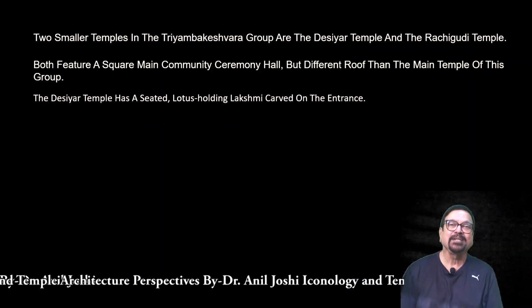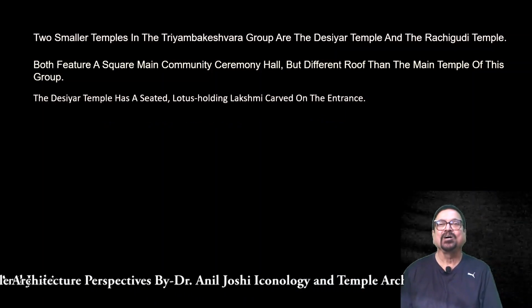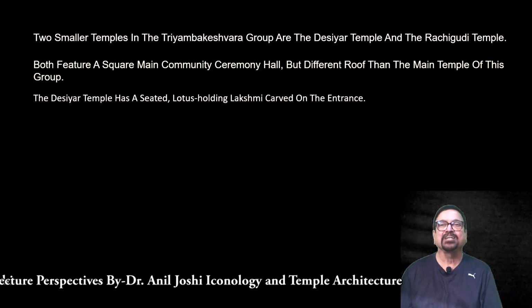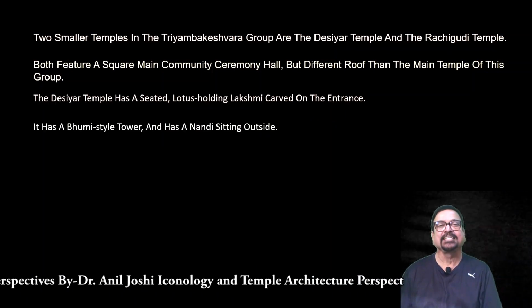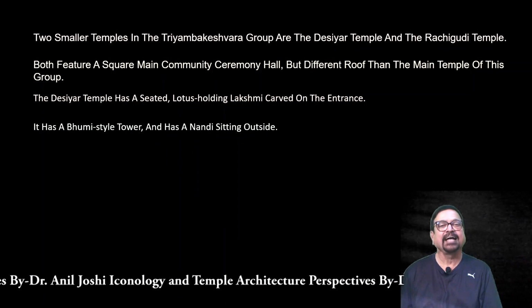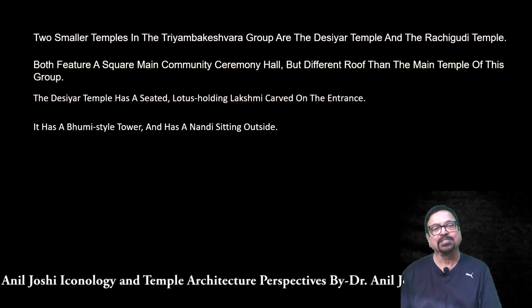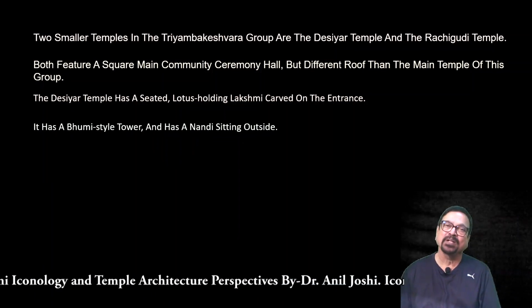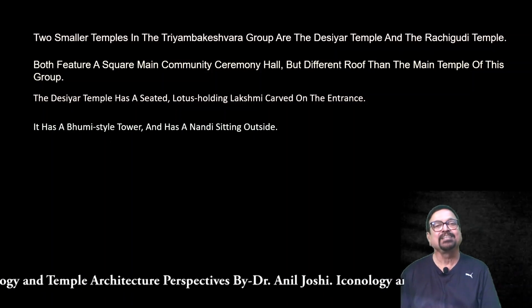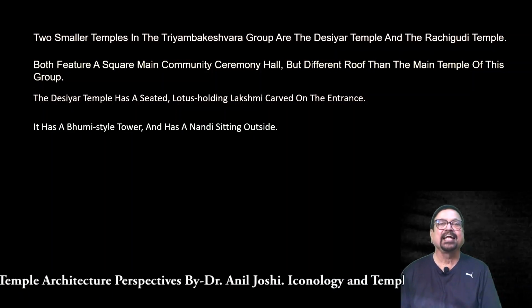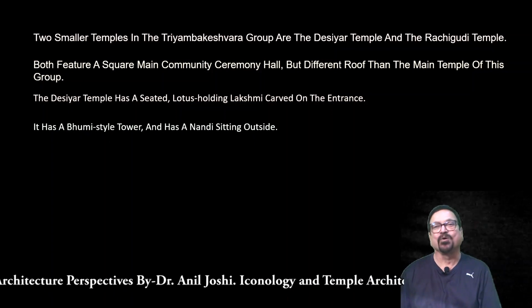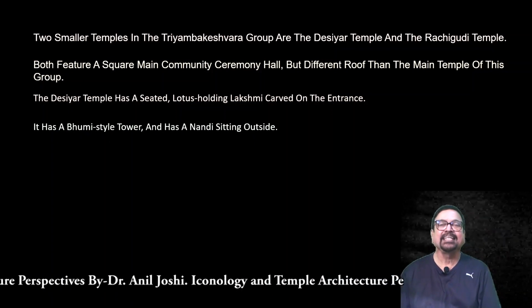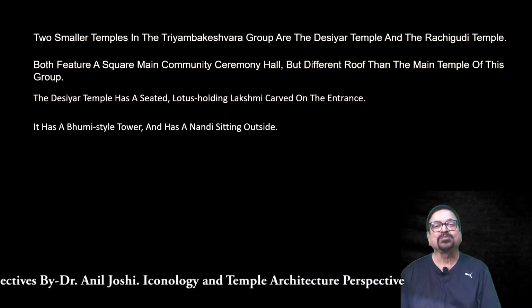The Desia temple has a seated lotus-holding Lakshmi carved on the entrance. That is another symbol of Lakshmi. As I told you, Gajalakshmi is the one showered with water by 2 elephants, and here it is the one holding the lotus. It has a Bhumi style tower and has a Nandi in sitting position, that is also outside.